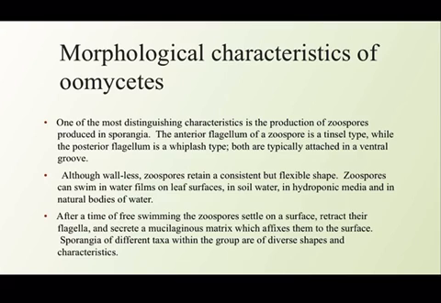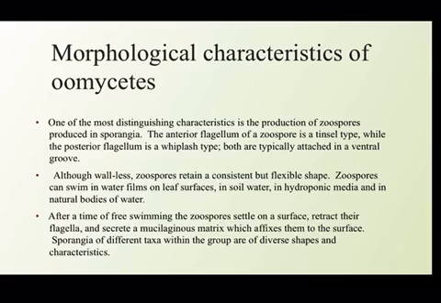Zoospores can swim in the water film on leaf surfaces, in soil water, in hydroponic media, and in natural bodies of water. After a time of free swimming, the zoospores settle on the surface, retract their flagella, and secrete a matrix which affixes them to the surface. Sporangia of the different taxa within the group are of diverse shapes and characteristics.